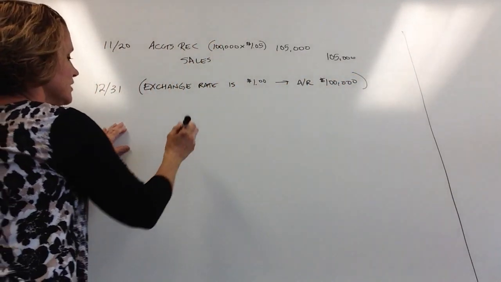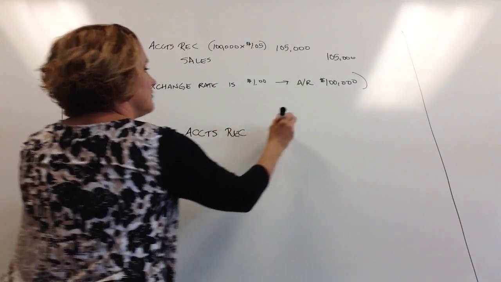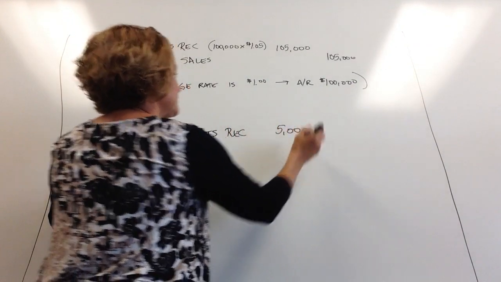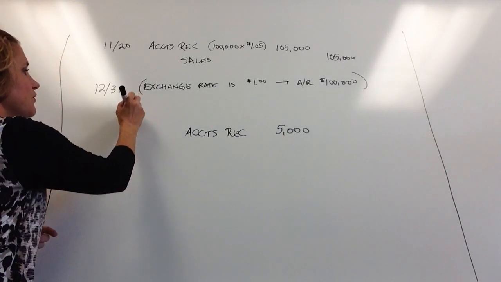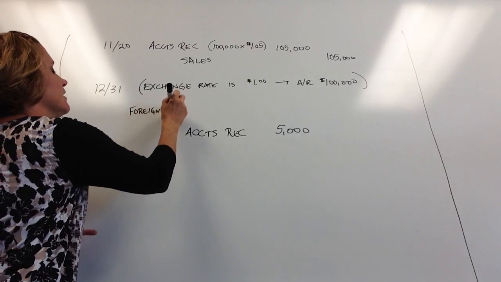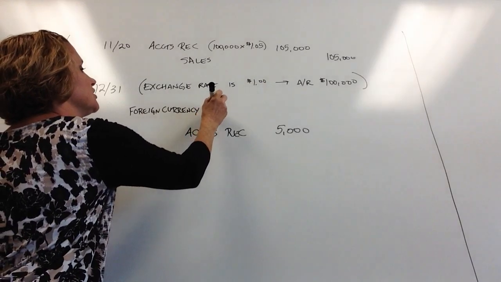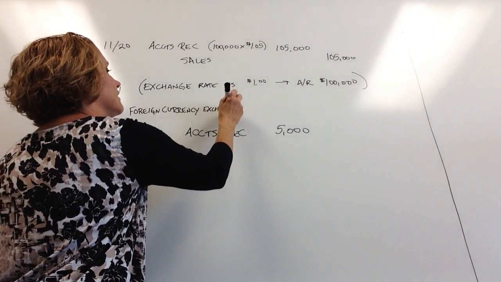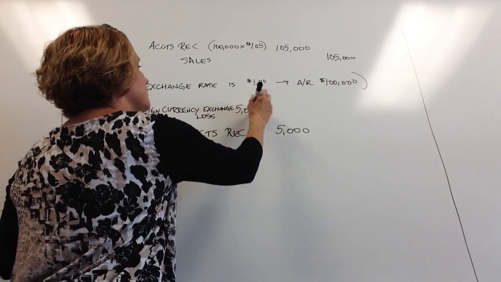So then this is just my background information. Then the journal entry, we're going to have to credit the accounts receivable for $5,000, and then we have to debit something. So the debit is a foreign currency exchange loss for $5,000. So kind of lengthy.